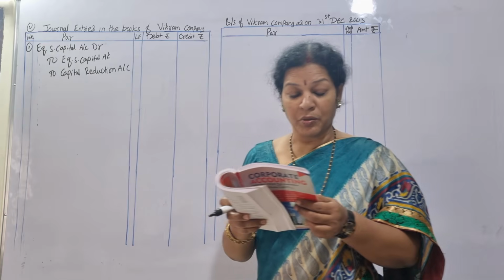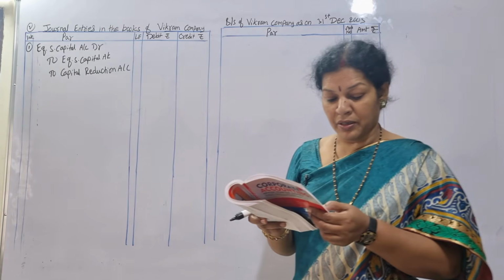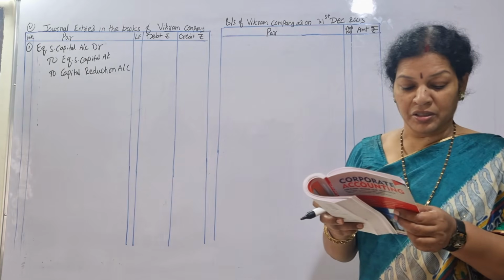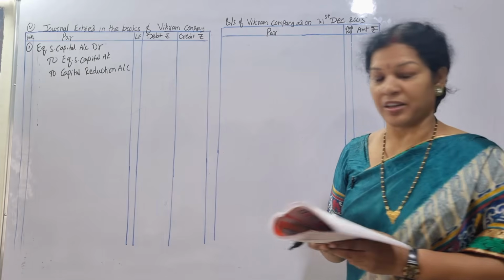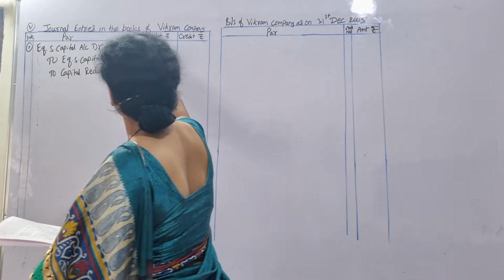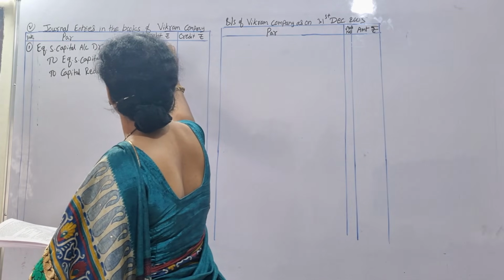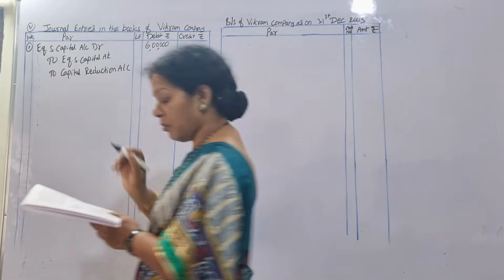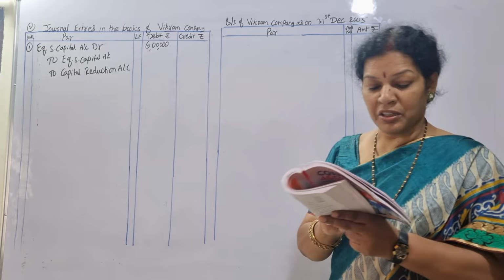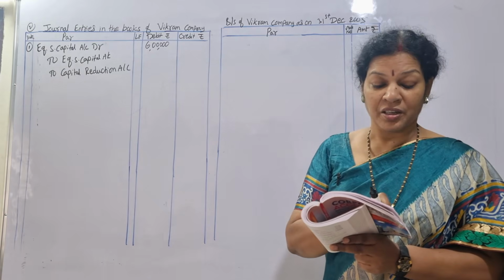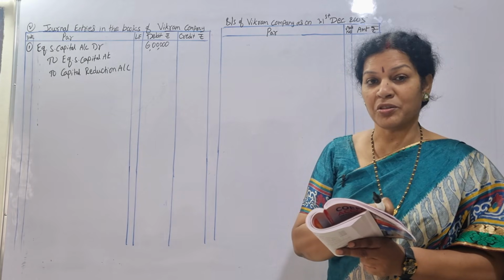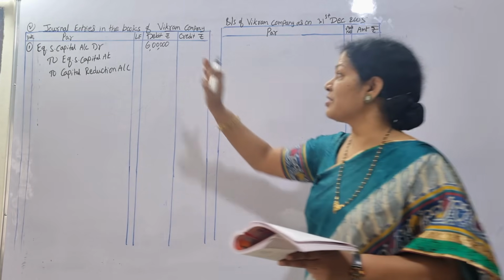Actual equity capital, what is the value of equity capital? 6,000 equity shares, 100 rupees each. The value is 6 lakh, so we'll write here 6 lakh. Original value is 6 lakh. What do they want to do? Equity share and preference share, both they want to reduce to 50 rupees each. Earlier it was 100 rupees: 6,000 shares into 100 rupees, 6 lakh.